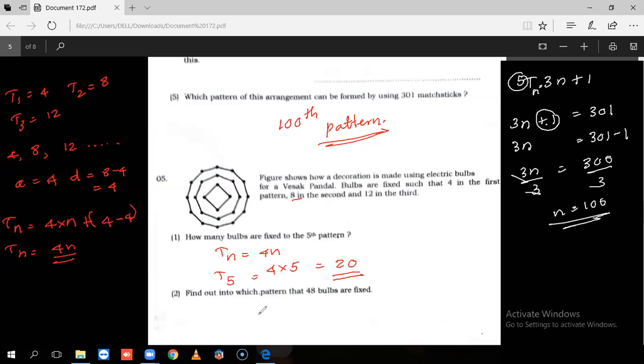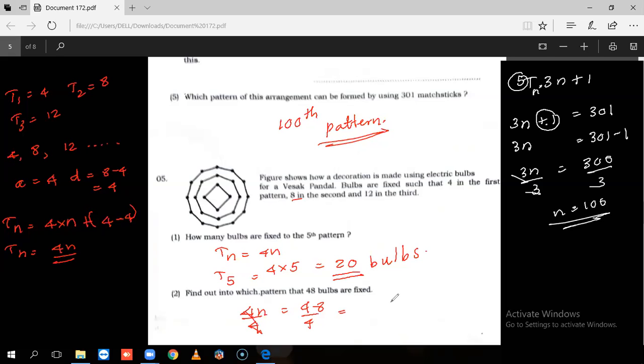Then they are asking 48. Here we can write 20 bulbs. Find out in which pattern 48 bulbs are fixed. We can write 4n equals 48, divide by 4, divide by 4.